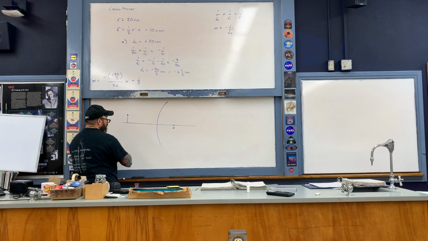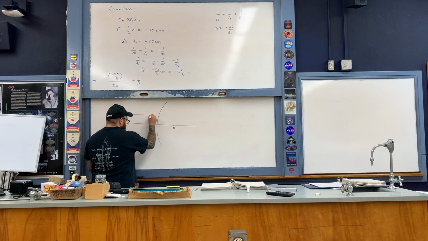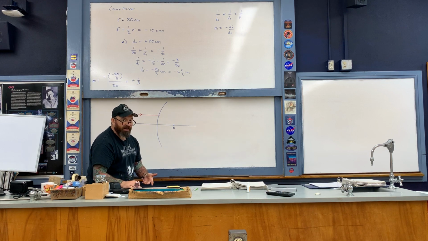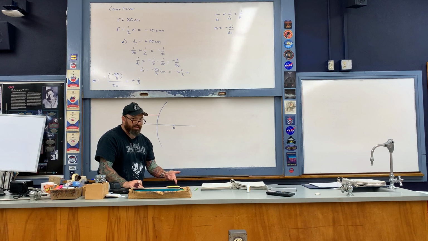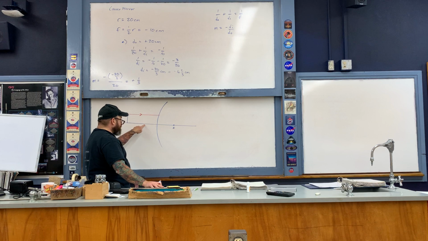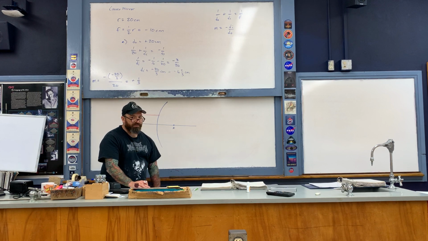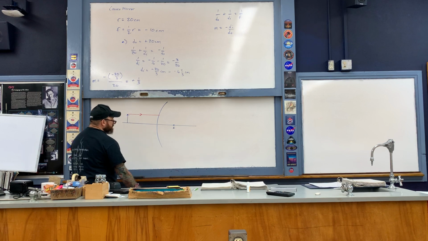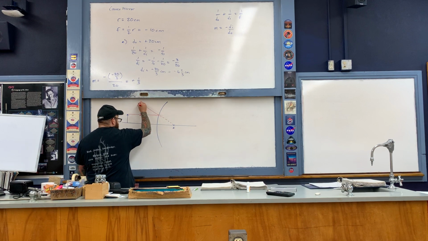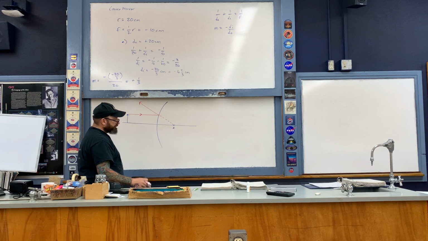First light ray, once again, parallel to the axis. Now be careful here. How does this reflect? Go back to my previous diagram in finding the focus. This light ray that is parallel to the axis reflects off the mirror as if it came from the focus. So the easiest way to draw that is to just do this, like so.